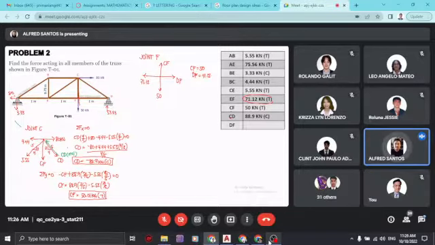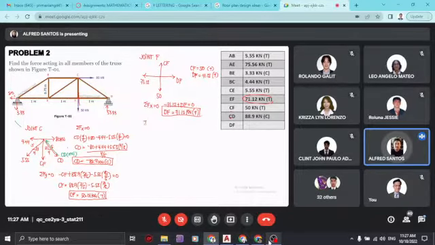So, kung positive siya, so tension yan. And then, this is also tension. Okay, so kung susolve natin yan, yung summation Fx is equal to 0. This is negative 71.12 plus DF, which is equal to 0. So solving for DF, it is equal to 71.12 positive kilonewton yan, and then this is tension.